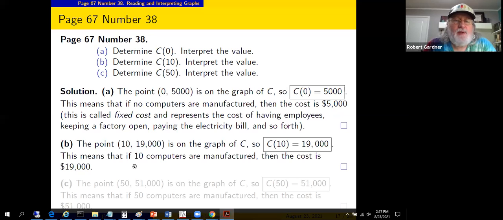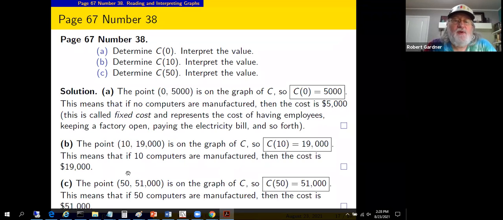Plug in 10, we see the point (10, 19,000) was one of the dots on that curve. So it must be that C of 10 is 19,000. This means if 10 computers are manufactured, then the cost is $19,000. The cost was measured in dollars. 50.